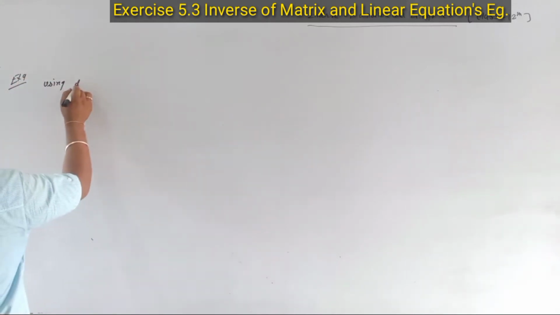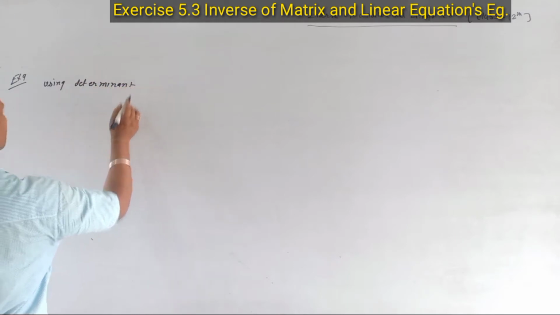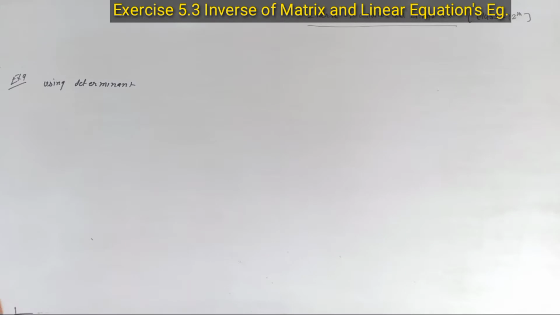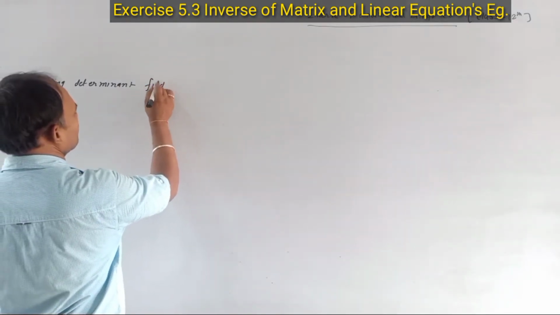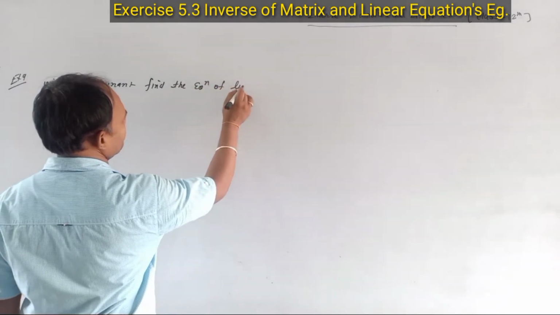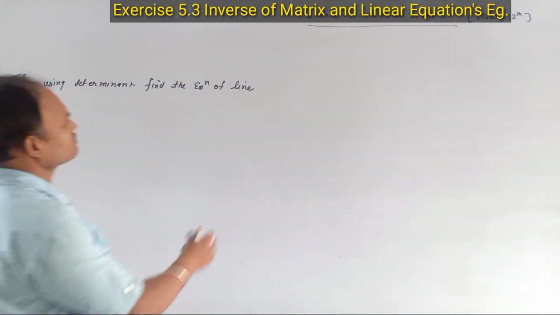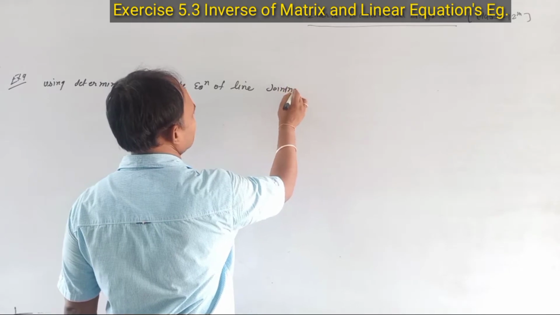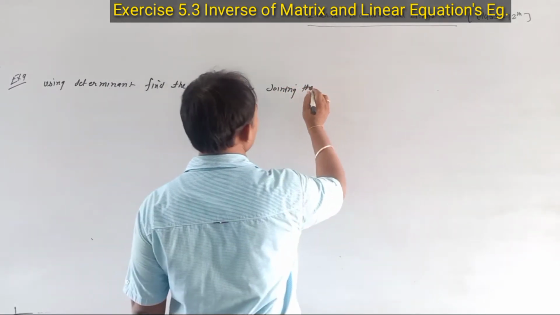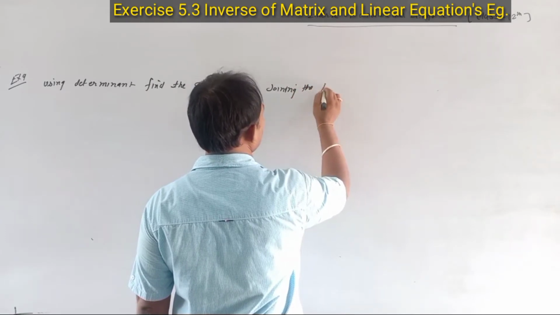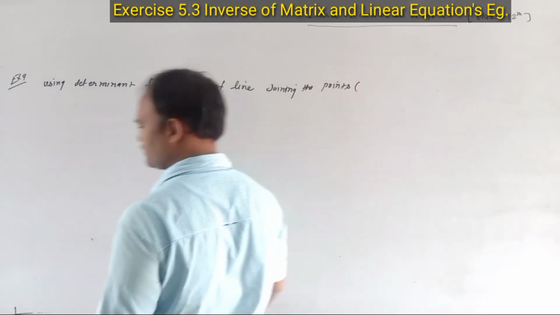So what is the question and what is the example? Let's see. The question is: using determinant, find the equation of line joining the points.